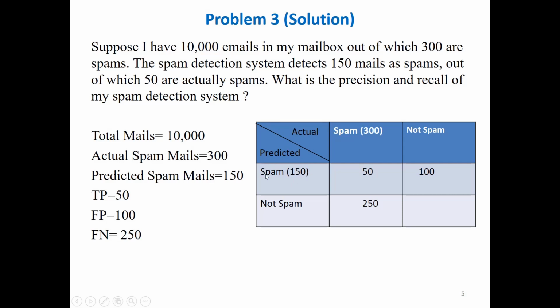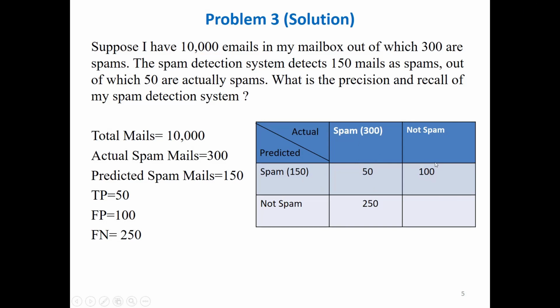Out of total 150 spam mails, the spam detection system is predicting 50 correctly and 100 it is wrongly predicting as not spam. These 100 are also actually spam, but this system is predicting them as not spam. So that's why the TP, true positive value, is 50 and the false positive value is 100.